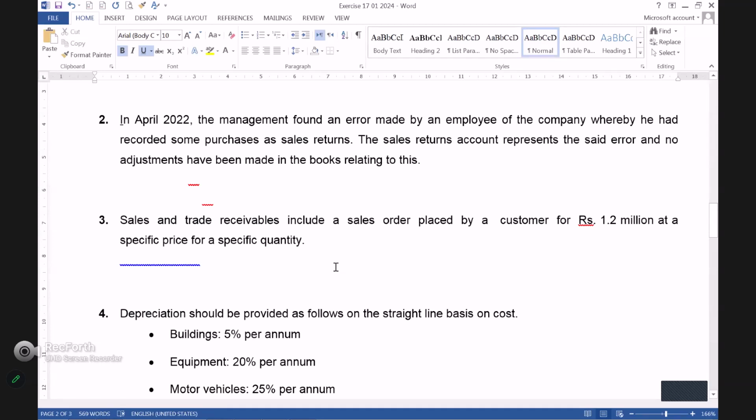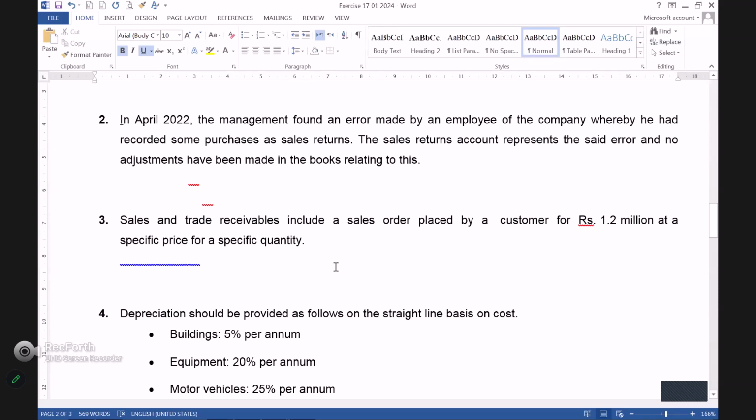The sales return account represents the sale error and no adjustment has been made in the books related to this. So the purchase was considered as the sales return. There is an error only in the sales return.